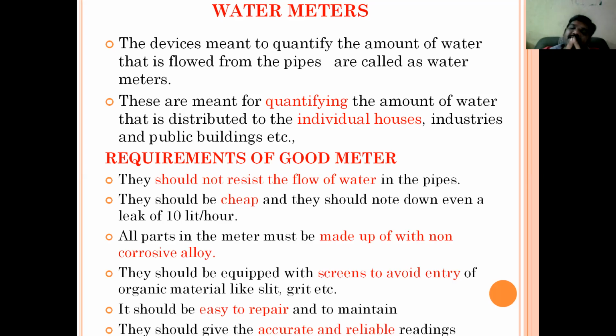It is a device to quantify the amount of water that flows from the pipes, called a water meter. It is the device meant to quantify the amount of water that is being supplied, that is being consumed.